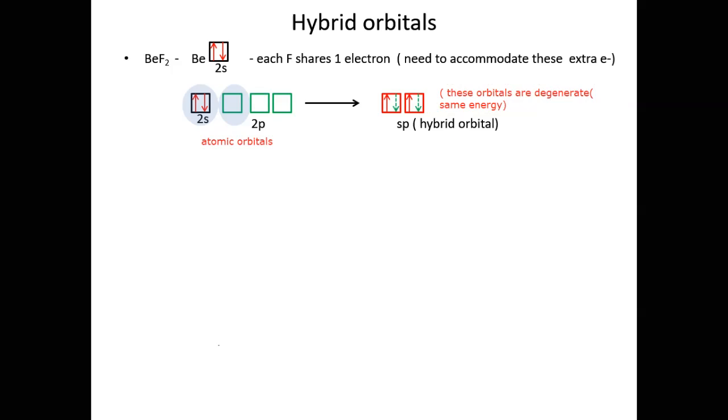We say beryllium is sp hybridized. And it makes sense because we have 2 bonds, just like beryllium can form 2 bonds.